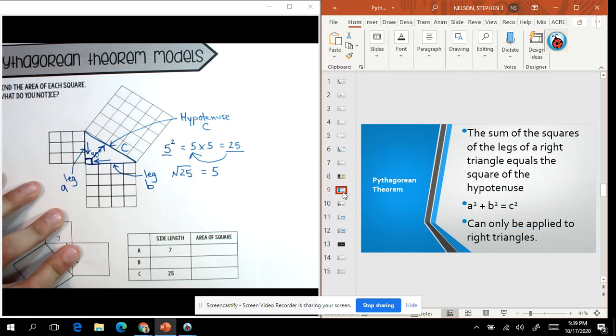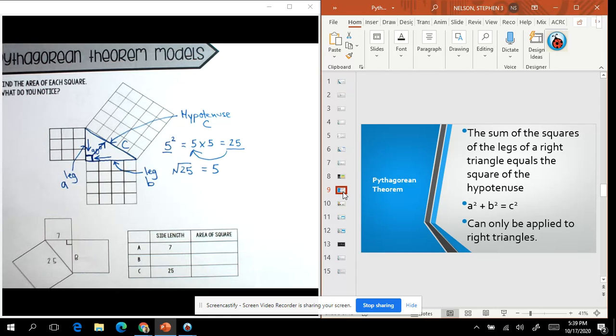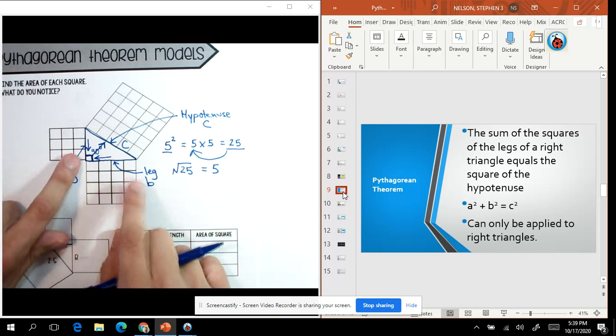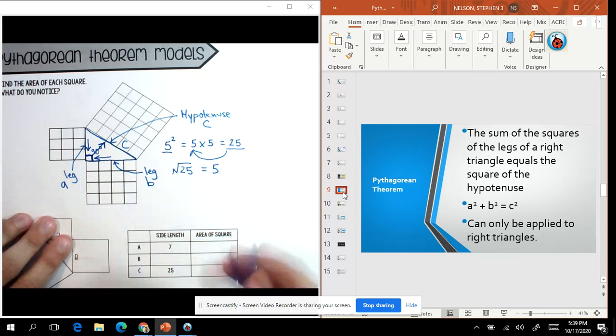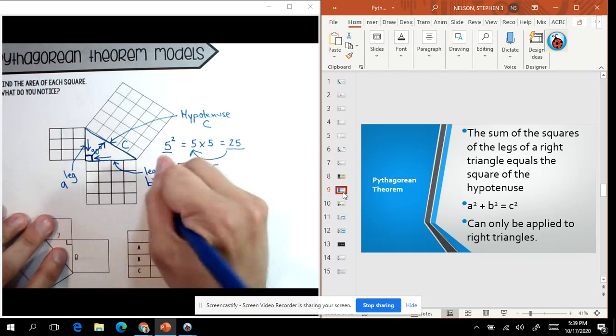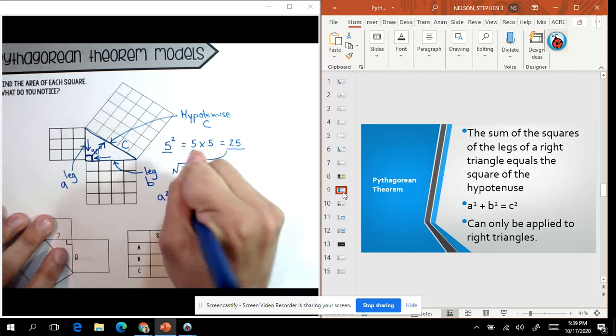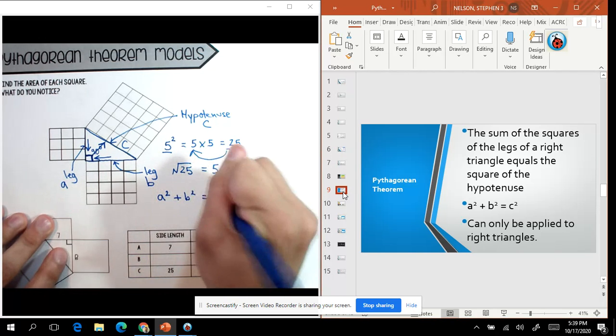Let's see what else we got on here. All right, so now back to the definition of the Pythagorean theorem. The Pythagorean theorem is the sum of the squares of the legs of a right triangle equals the square of the hypotenuse. So we're going to take these two variables, A and B, the two sides, and square them, and we would get A squared plus B squared equals C squared.